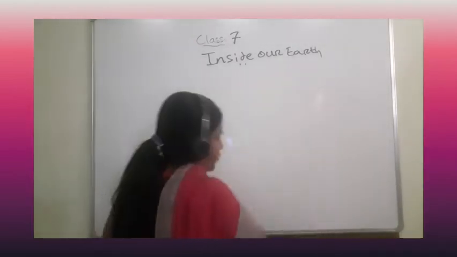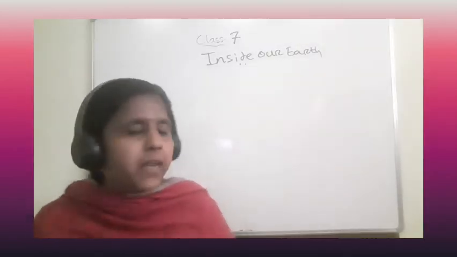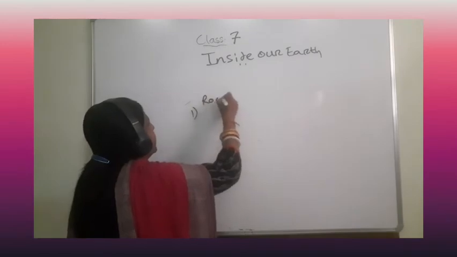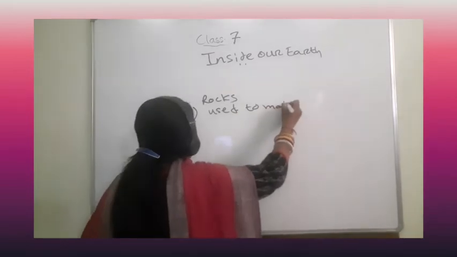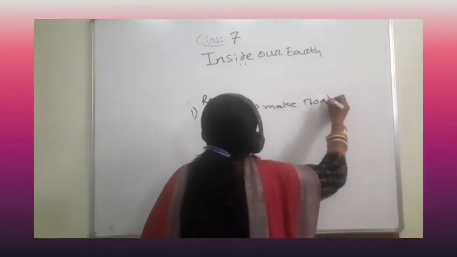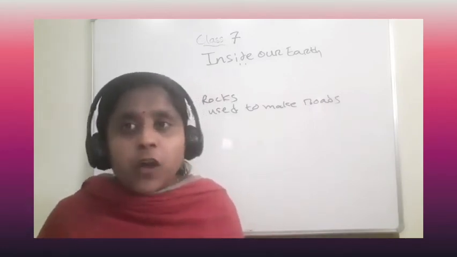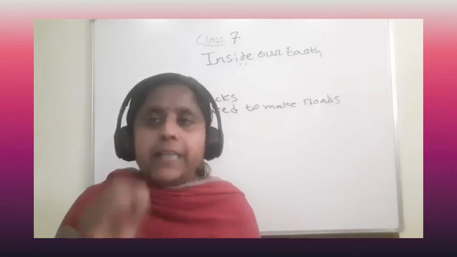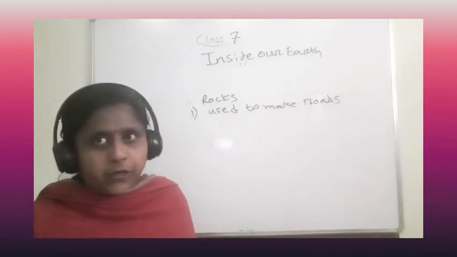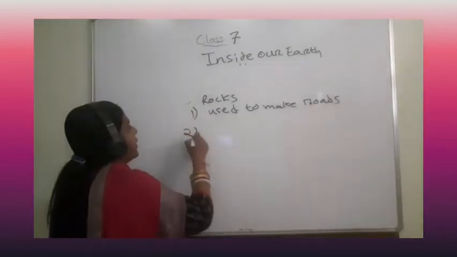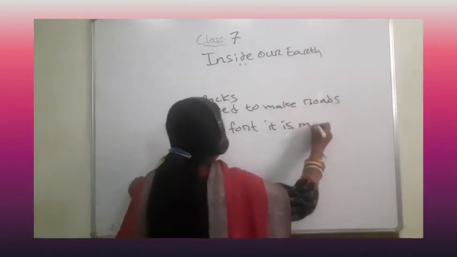Rocks are very useful to us. Hard rocks are used to make roads. We see roads, how they are made. Roads, beautiful buildings, monuments like the Taj Mahal. What is it made of? The Taj Mahal is made of white marble, that is metamorphic rock. Red Fort, children, is made from sedimentary rock.